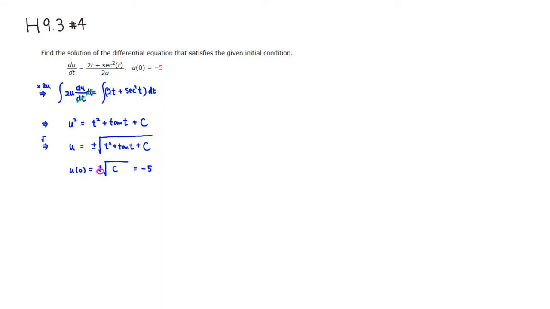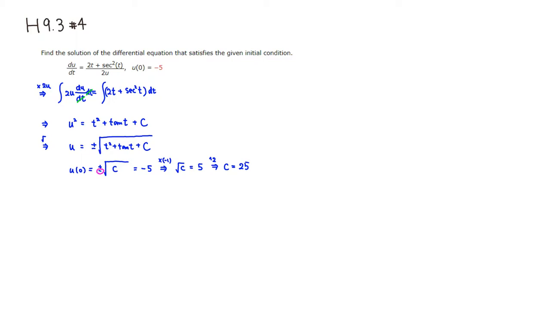So we're going to multiply both sides by -1 first. Then you have a positive square root of c, which is equal to 5. Then we can just square both sides to find the c value to be 5 squared, which is 25. Now we're going to just plug it back in.